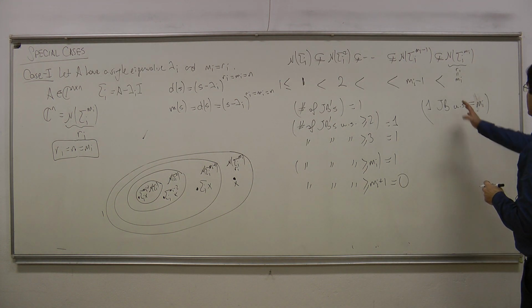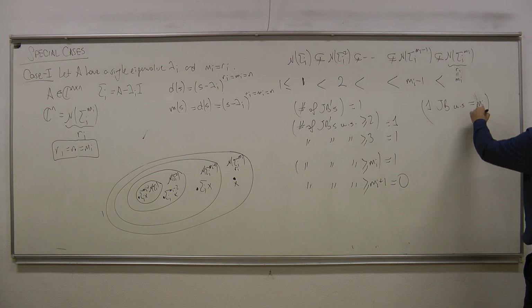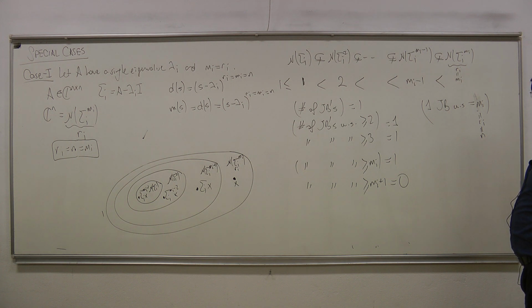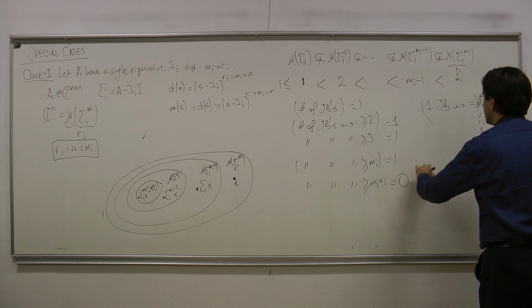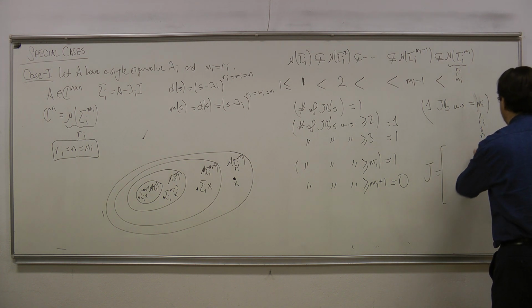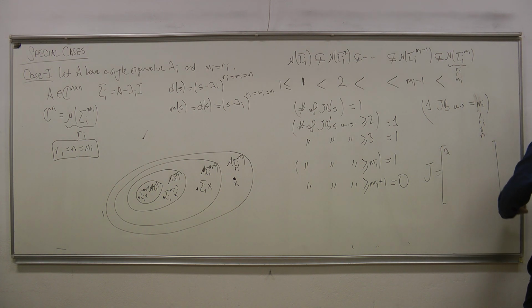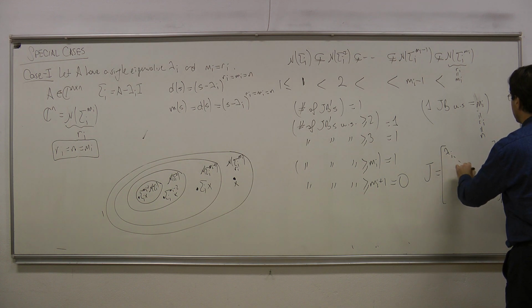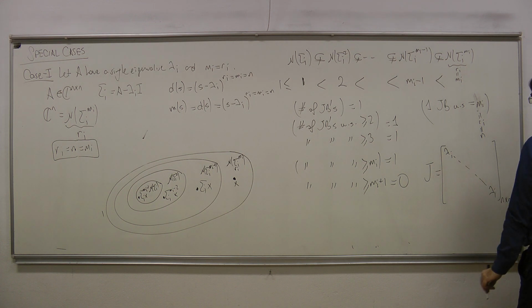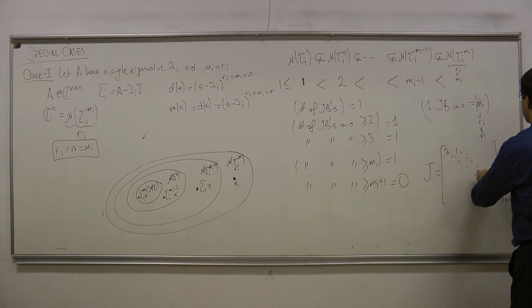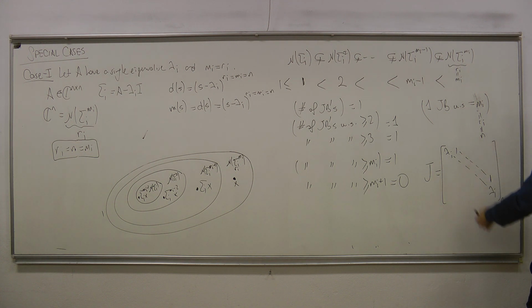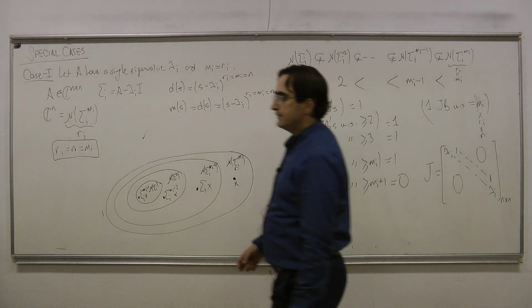One Jordan block with size mi, but I know that mi is equal to ri, and that is equal to n. So the Jordan canonical form of this matrix is going to be a single Jordan block of size n by n, formed of the eigenvalues on the main diagonal, ones just above the main diagonal, and zeros everywhere else.